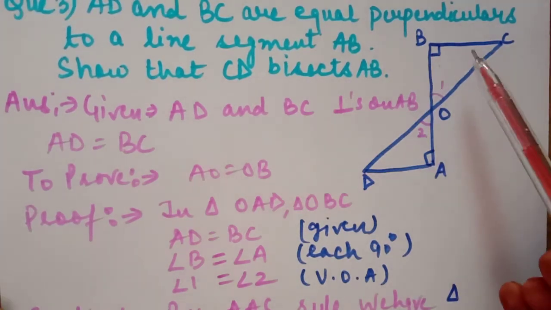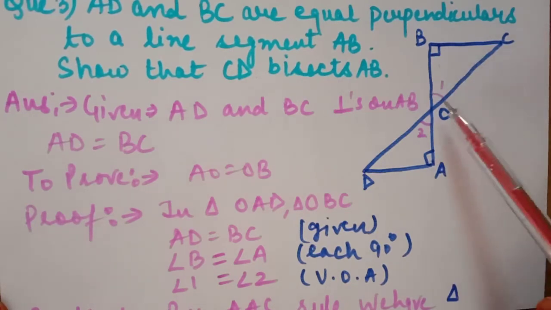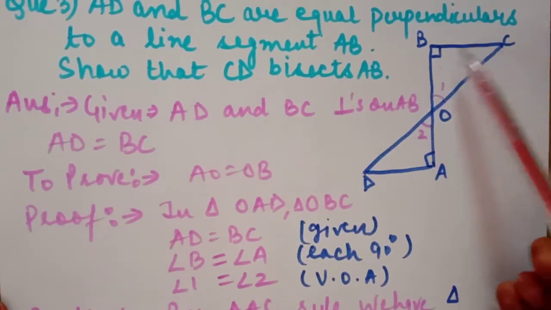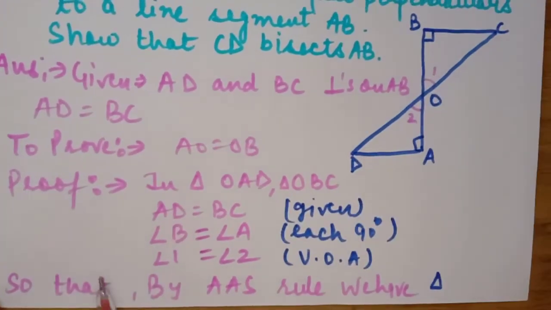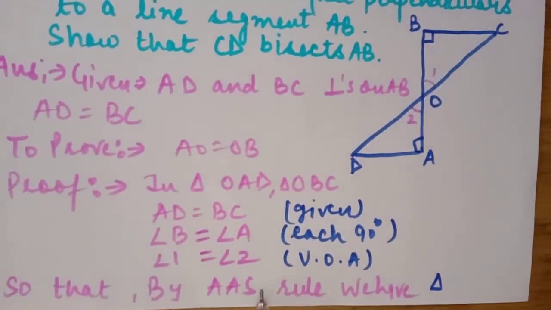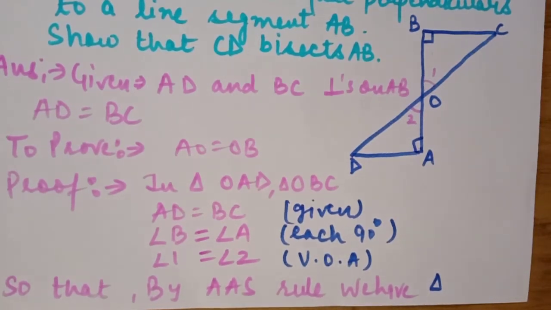Let me check which rule is present here. In this triangle, this side and these two angles. So definitely, by the AAS rule we have it. Students, now it's your third rule.